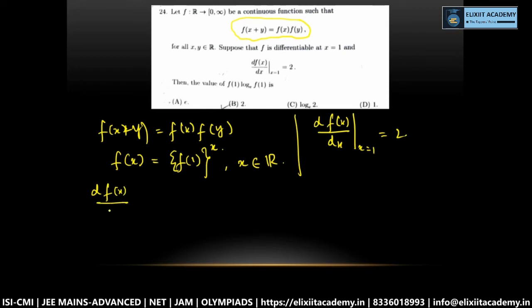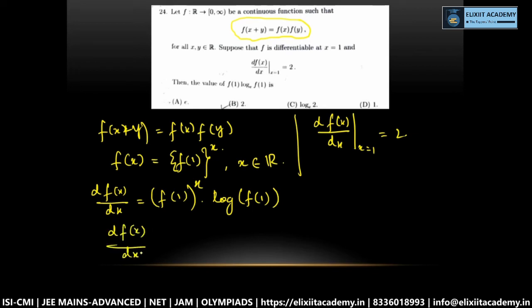d of f(x) upon dx is f(1) whole to the power x into log f(1), right? And d of f(x) upon dx at x equals 1, you simply put x equals 1.